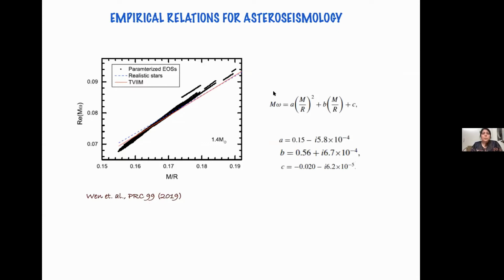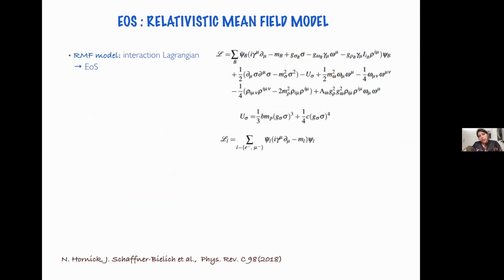f modes, but this time with a systematic approach. So what I did was we took into account as the framework the relativistic mean field model, in which the baryon-baryon interaction is mediated by the scalar sigma, vector omega, and isovector rho mesons. The scalar meson has a self-interaction term.